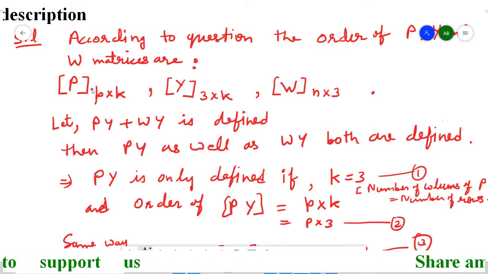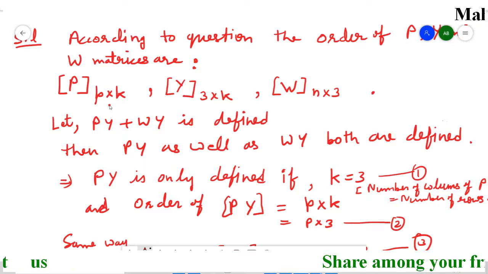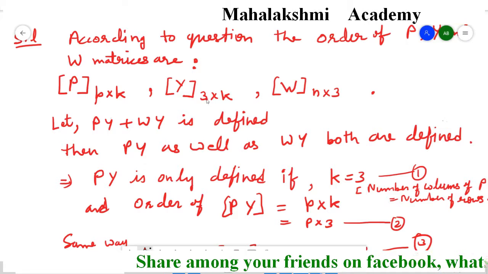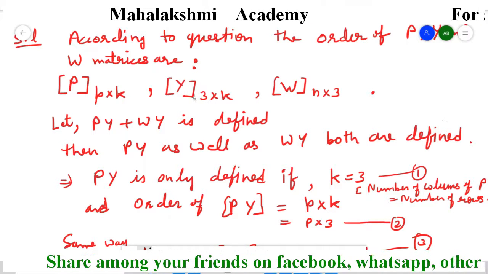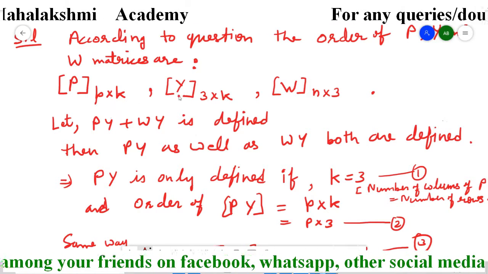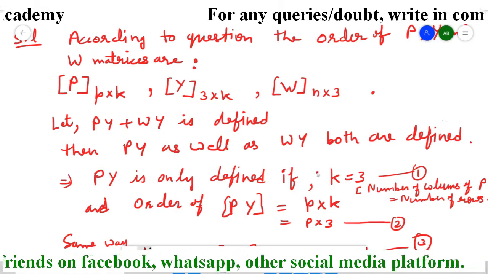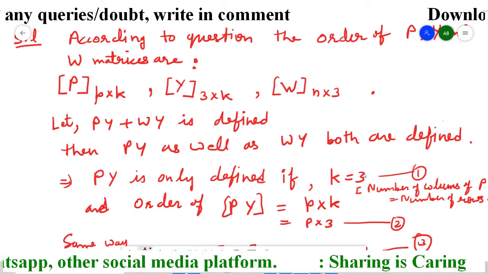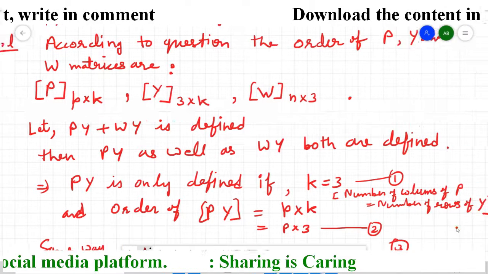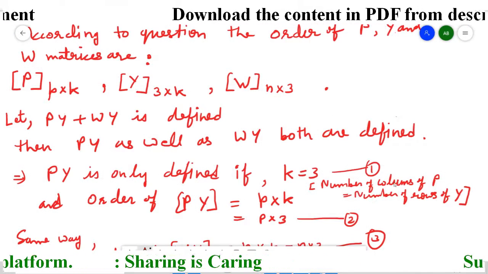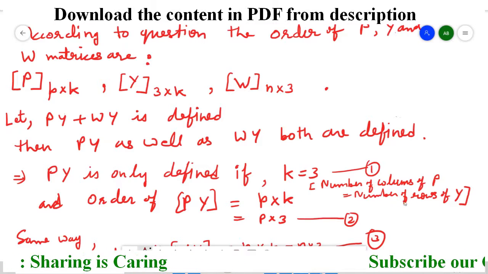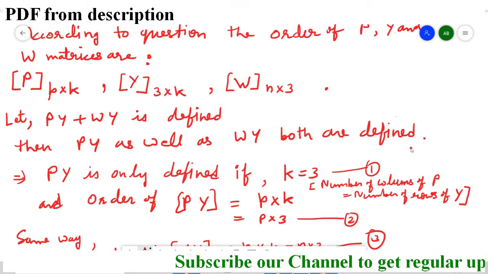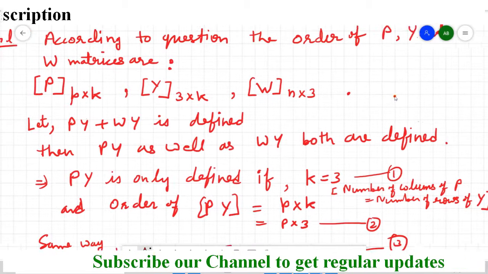PY is only defined if the number of columns of P, that is K, is equal to the number of rows of Y. Then only can we multiply two matrices. So from here the conclusion is K is equal to 3. So we got one restriction, that K must be equal to 3.